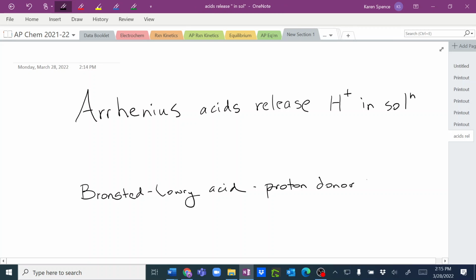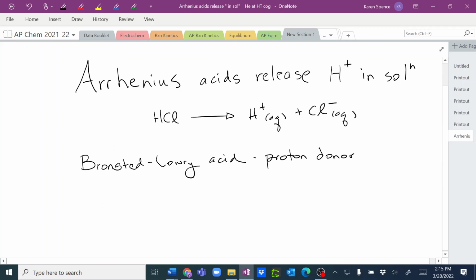So if we were to compare the two, if I had HCl, it dissociates, yes? But if I have Bronsted-Lowry, that's not good enough, yes? Because a proton donor also needs a proton acceptor. So we would have HCl plus, if there's nothing else around, H2O will always work, okay?